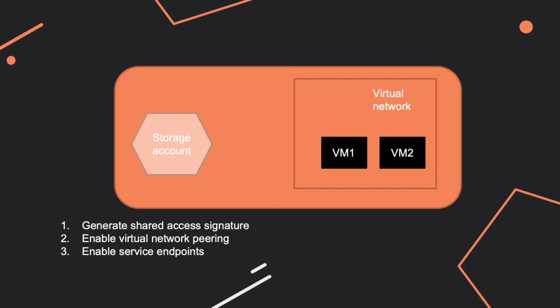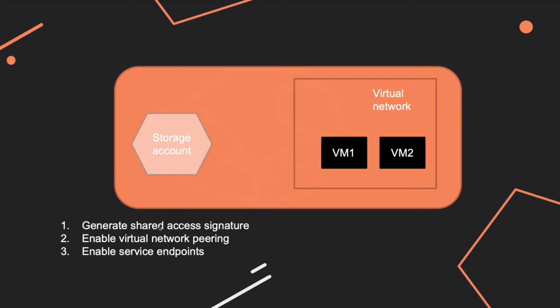The second example is related to storage accounts and the possibility to be accessed from a virtual network, so from a virtual machine that's hosted within a virtual network. I detailed the example right here, and you can expect to get all these answers on exam day, so you need to make sure what's the correct one.